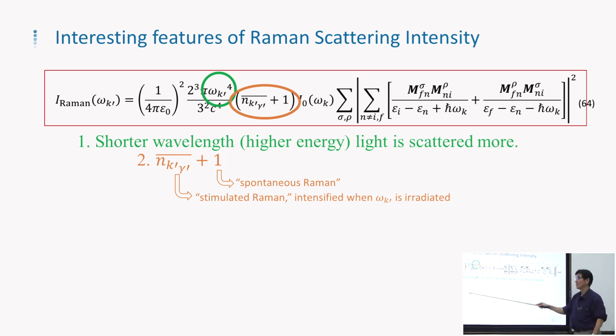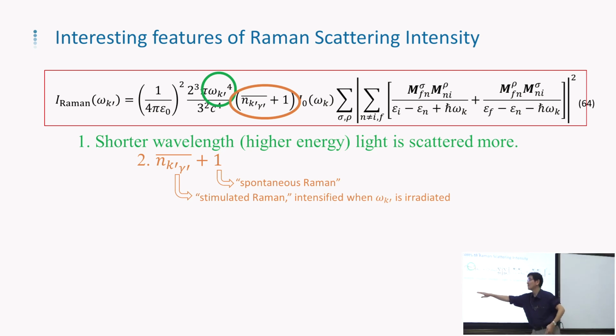This is so-called stimulated Raman scattering that is intensified when omega k prime is irradiated. So we can enhance the Raman signal by separately preparing the same wavelength as the Raman signal. This is so-called stimulated Raman scattering.